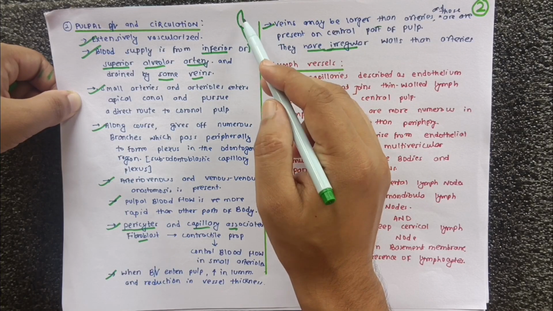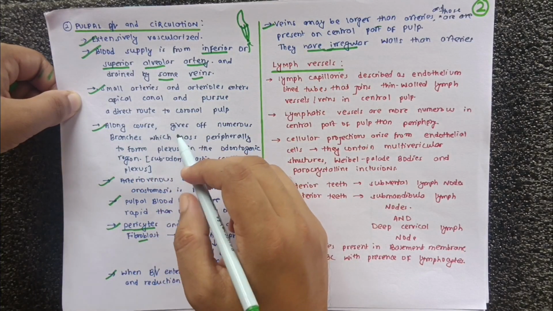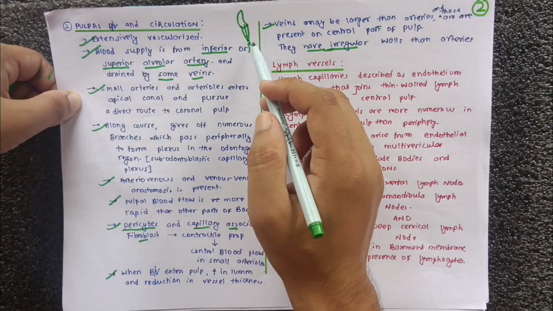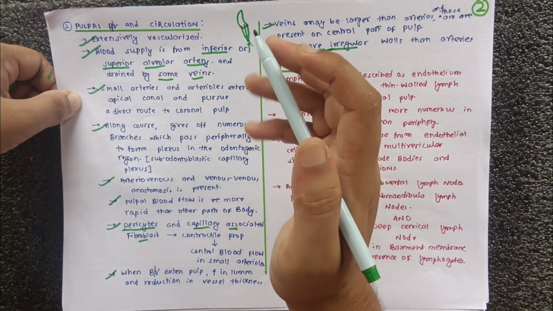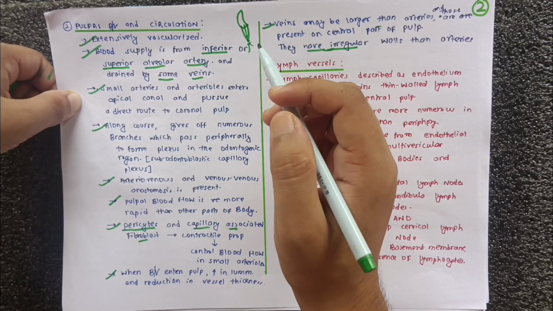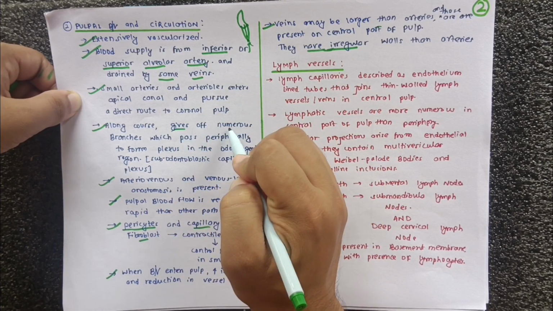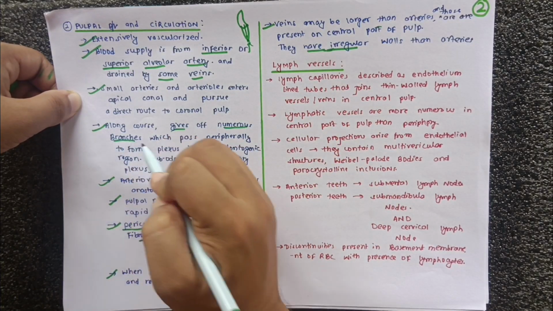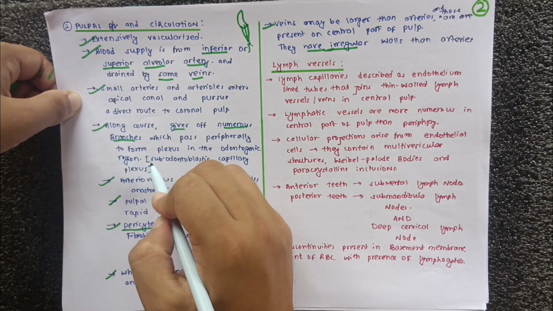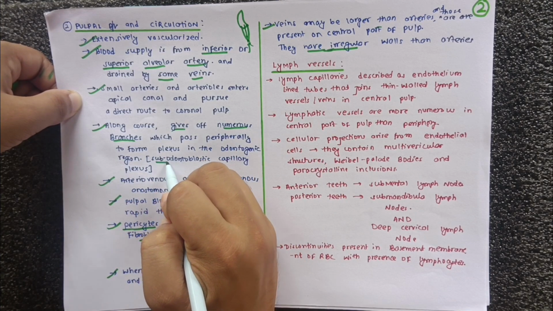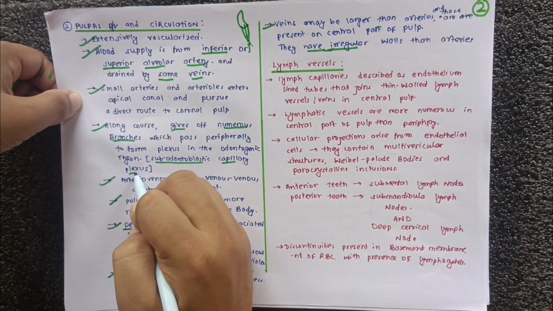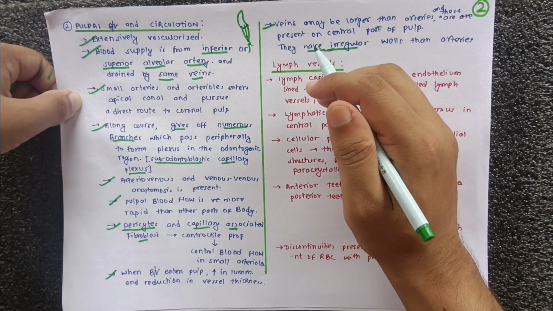Along its course, it gives off numerous branches, which pass peripherally to form a plexus in the odontogenic region, and that is called the subodontoblastic capillary plexus.